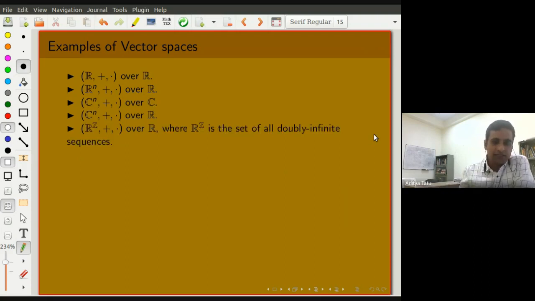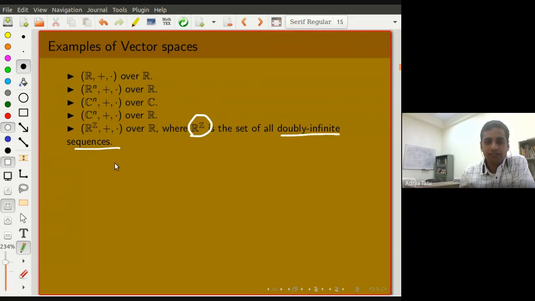R^Z, this again is not a very standard notation. It's something that I just came up with because I didn't have a better notation, so you won't most likely find this notation in any books. R^Z is nothing but the set of all doubly infinite sequences.